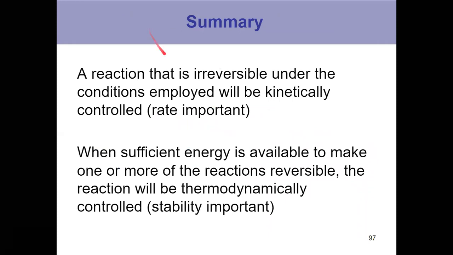So something that's irreversible under the conditions that are employed is kinetically controlled. And the key thing that you're looking for at this stage of the game is low temperature. You see a low temperature, specifically something in the negatives, that's going to be kinetically controlled. But when you're at higher temperatures and you have sufficient energy available to make one or more of the reactions reversible, then you can bounce back and forth, and the reactions are under thermodynamic control. Eventually, you're going to form that more stable thermodynamic product.